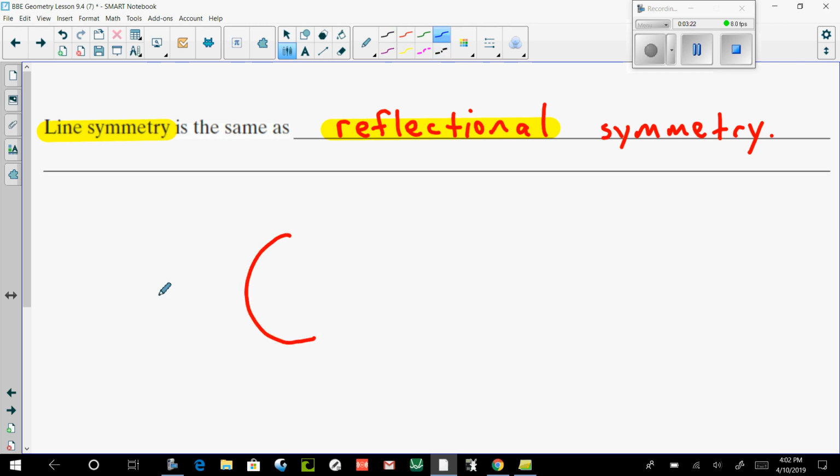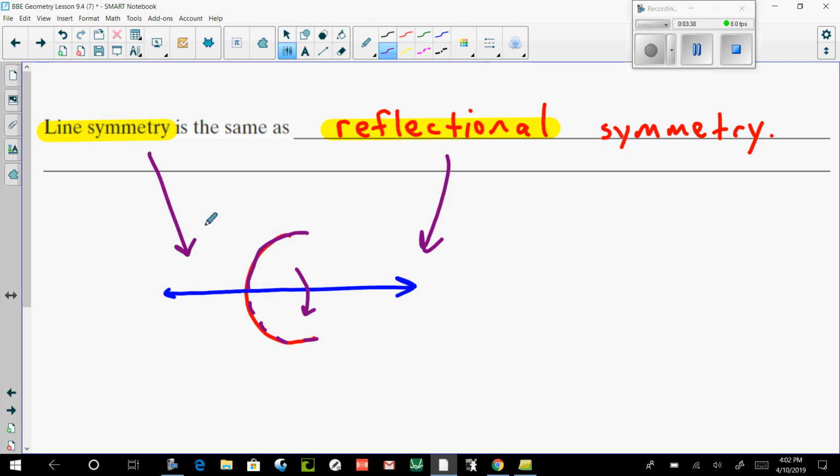If I take the capital letter C and reflect across this line right here, you'll see that this portion of the C up here is going to reflect directly onto itself down here. So this has both reflectional and line symmetry. Some shapes might have more than one line of symmetry when talking about reflectional symmetry.